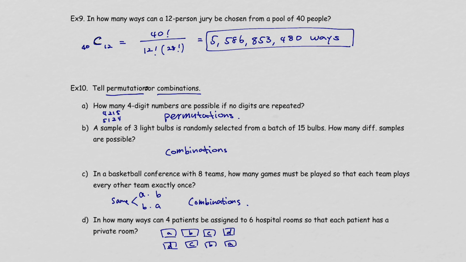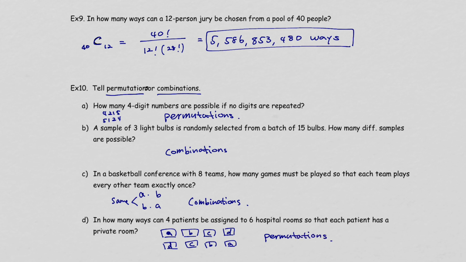Is this going to be different choices? Yes, right? Having a different person in a different room, it's all 4 people, but it's different rooms. So order matters, so it's going to be permutations.